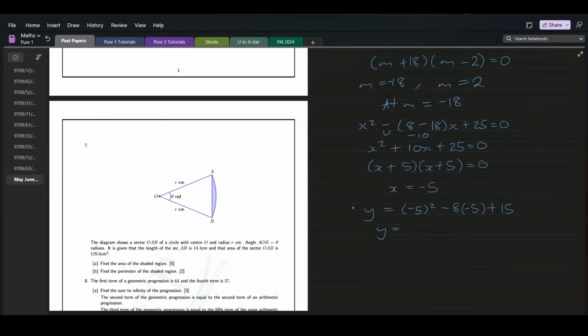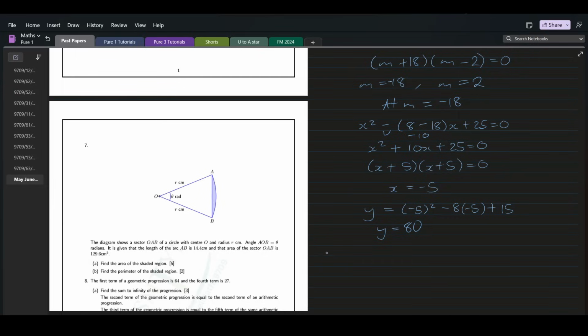If I can find my calculator, there we go. So that is negative 5 squared minus 8 times minus 5 plus 15, and that gives us 80.